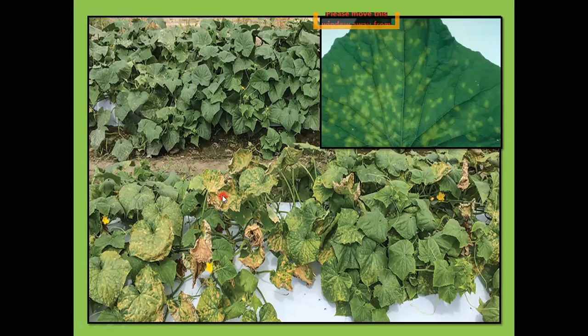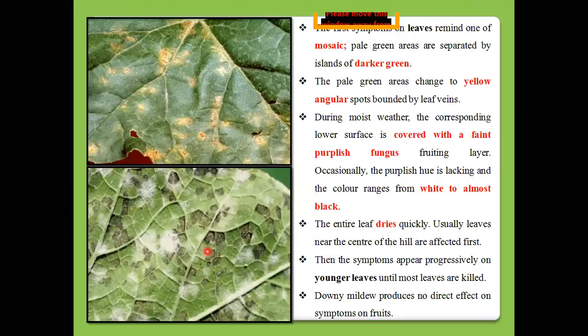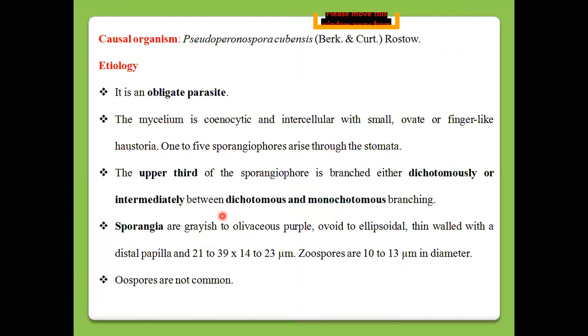This infected leaf generally dries, and such a dry leaf is separated from the cucurbit vines. Then the causal organism is Pseudoperonospora cubensis. This is an obligate parasite.